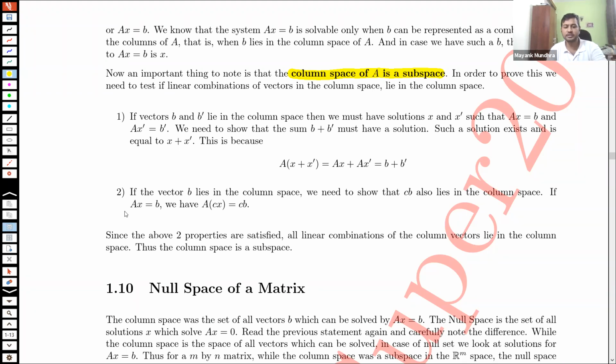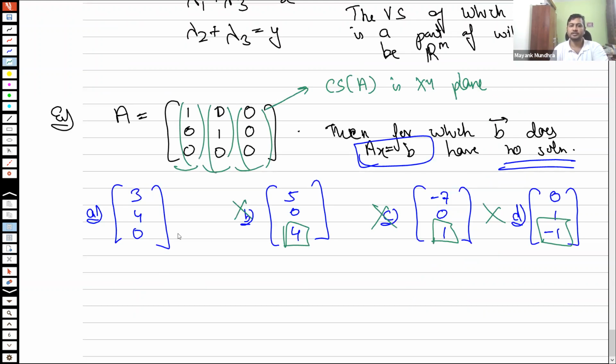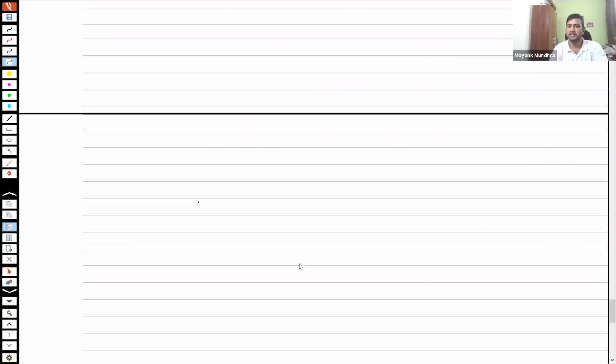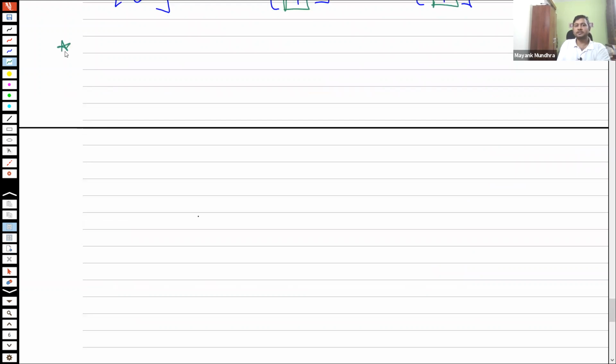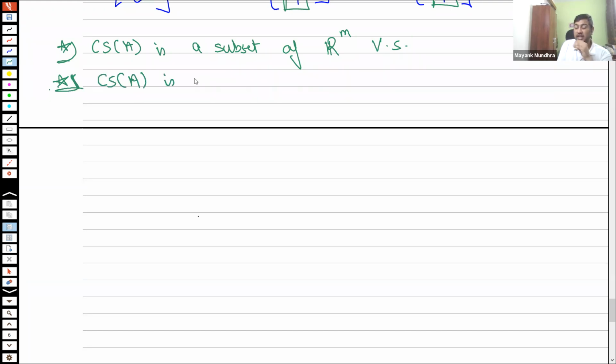What I've already told you is that the column space takes vectors from matrix A. But what is actually true is that the column space of A is not just any subset, it's a subspace of R^m.